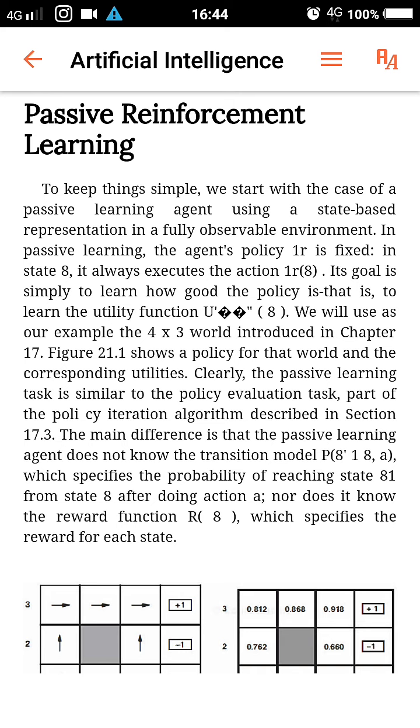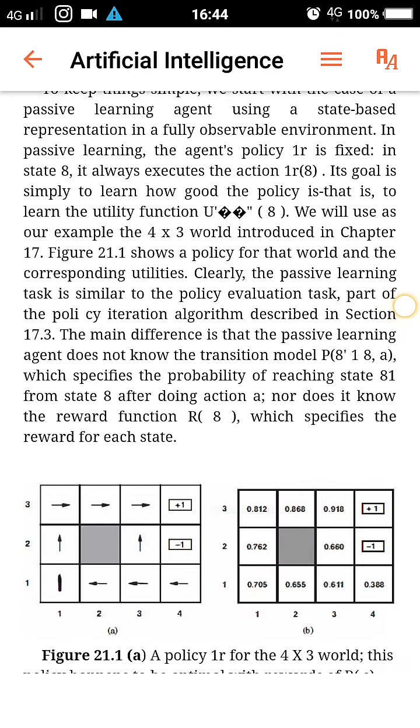We will use as our example the 4x3 world introduced in chapter 17. Figure 21.1 shows the policy for that world and the corresponding utilities. Clearly, the passive learning task is similar to the policy evaluation task, part of the policy iteration algorithm described in section 17.3.